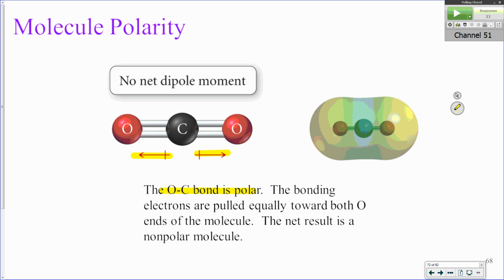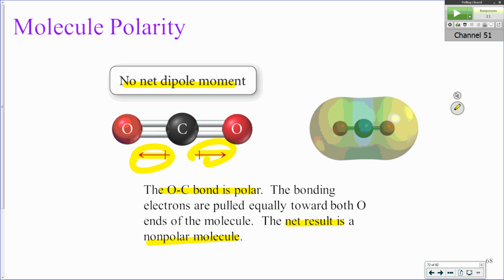So there's no net dipole moment. You do have a dipole here, and you do have a dipole here, but there's no dipole moment for the entire molecule. When you have that case, that's the result of a nonpolar molecule.